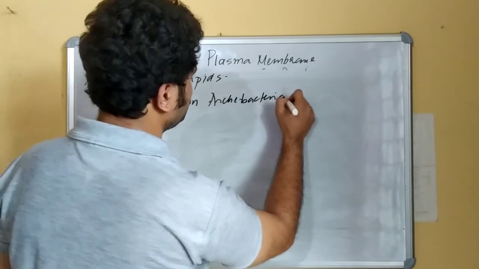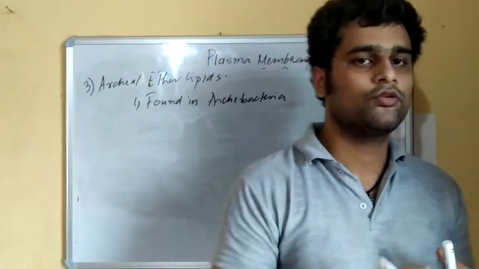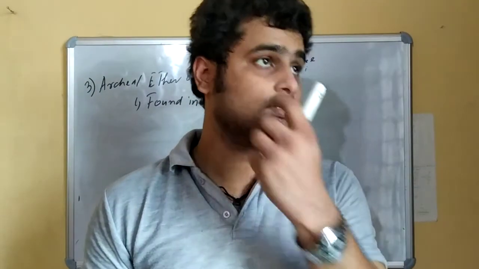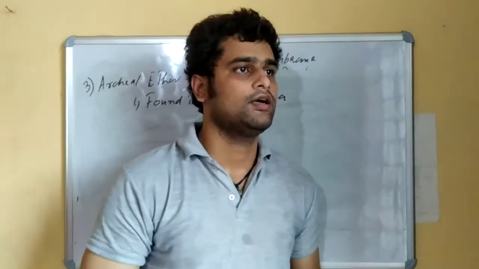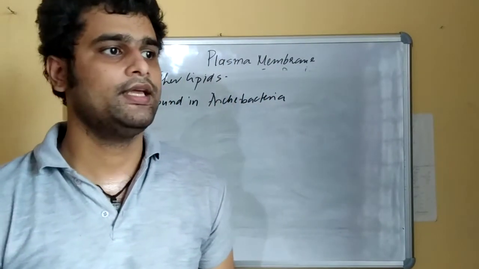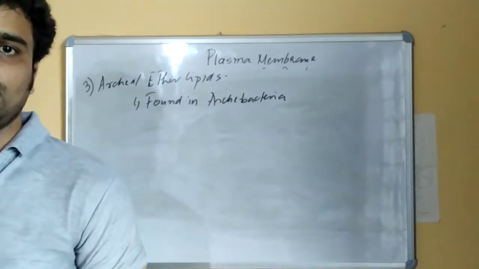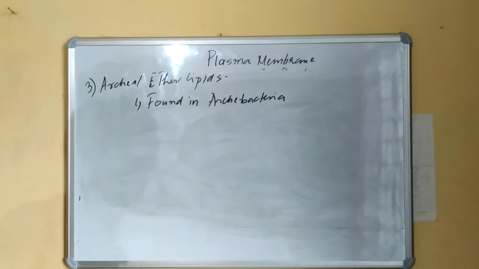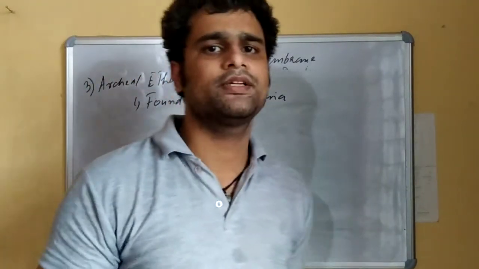This is the most primitive kind of bacteria. Why is it found? What specialty does it have? First and foremost, archaebacteria resides in very harsh climatic conditions. They are mainly found in volcanic places, right, and so on. Volcanic places, high temperature, low pH.